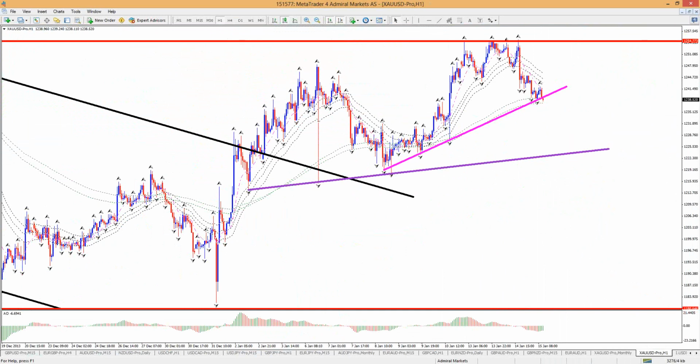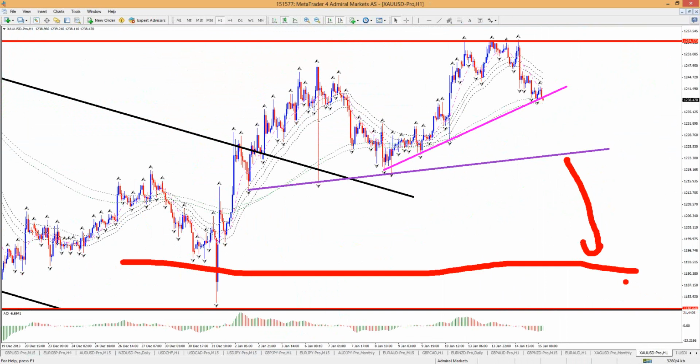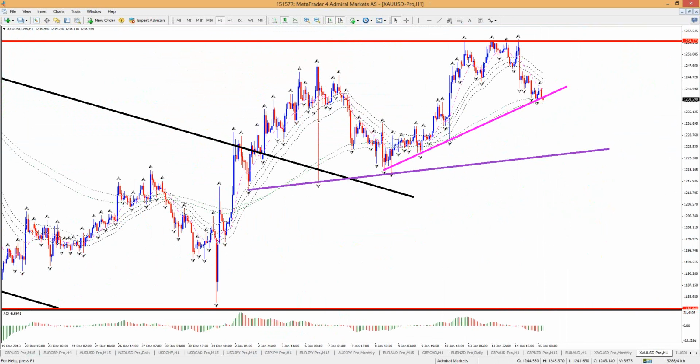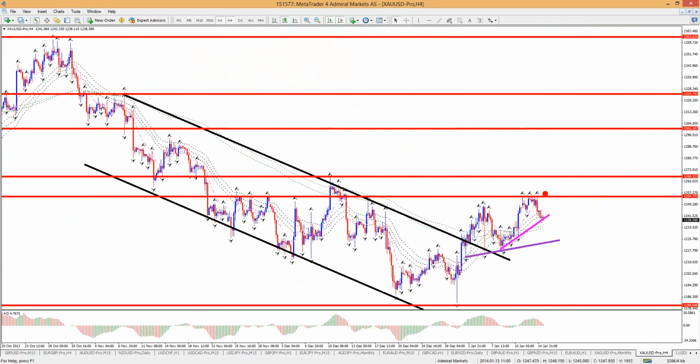Could be a breakout trade, counter trend breakout trade. A break of the purple could see some fall to challenge these bottoms. A break above red, then we have to zoom out to the 4-hour, break above red, we could move up to the next red one, although that's quite close. The better trade would be above this red, where we have the green circle. Then we could see a continuation of the uptrend.